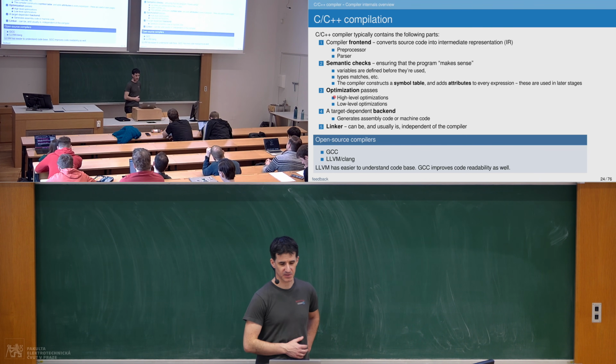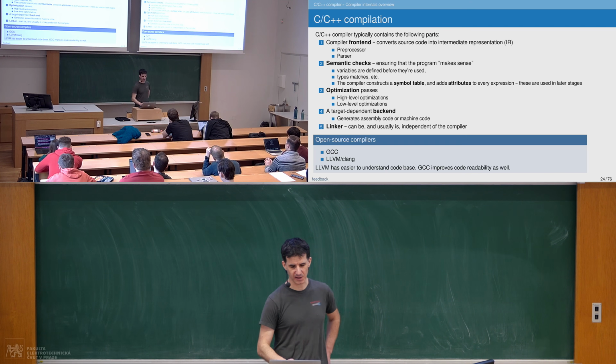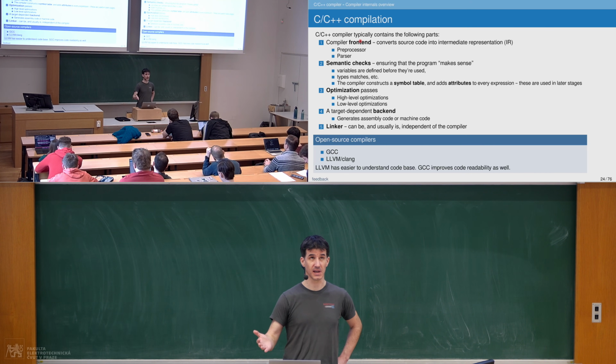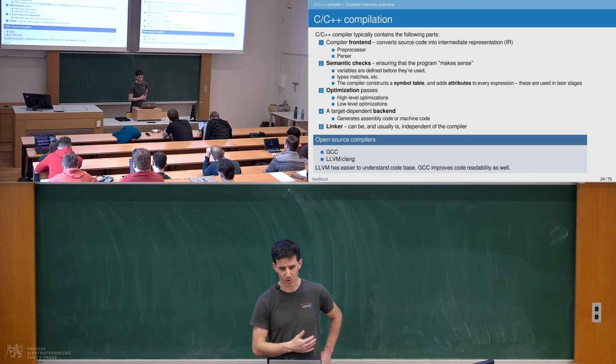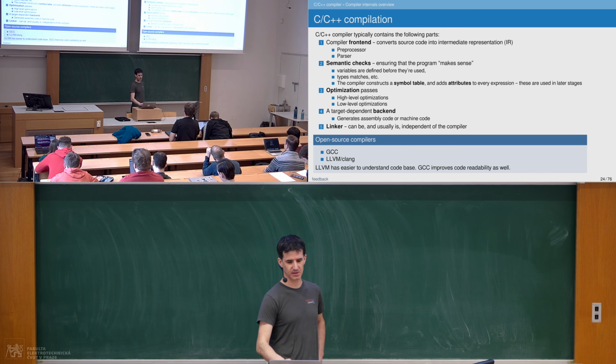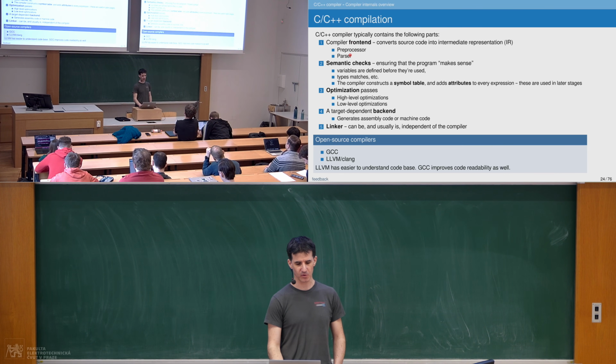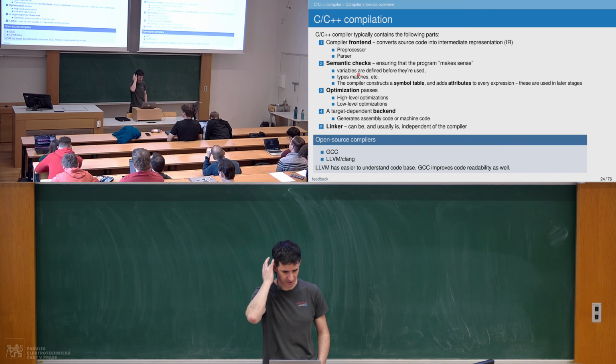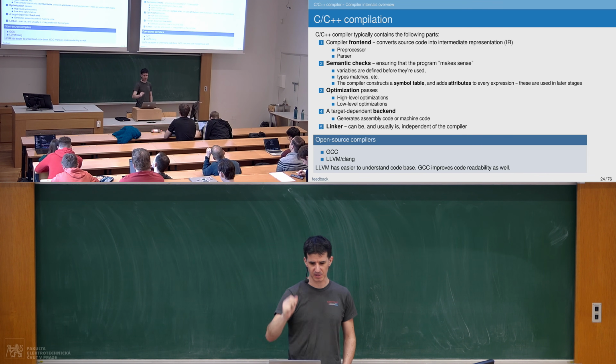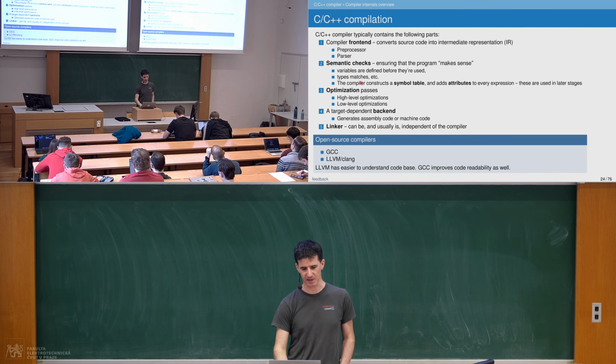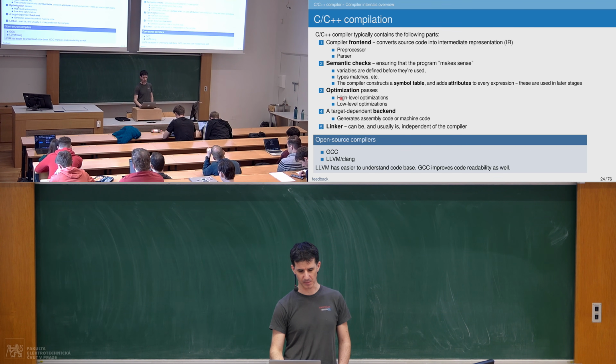This is the case in both GCC and Clang or the LLVM compiler: the front end is different for every language, but all the optimization passes, syntactic or semantic checks and so on are shared between different languages, because in the end it's basically the same.